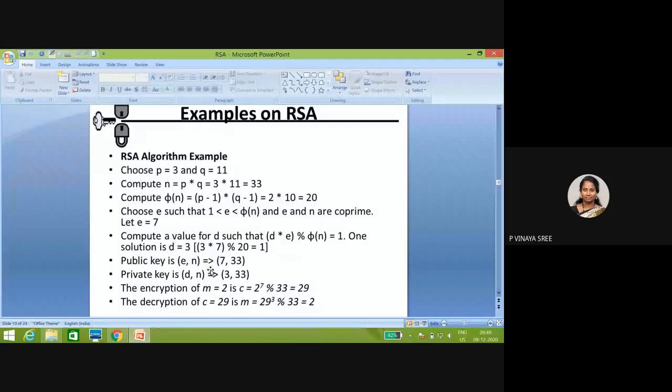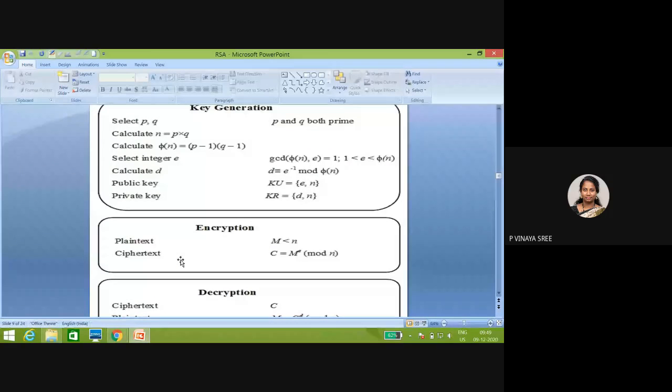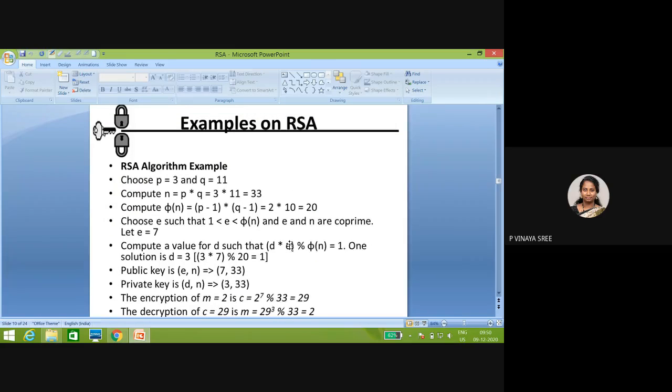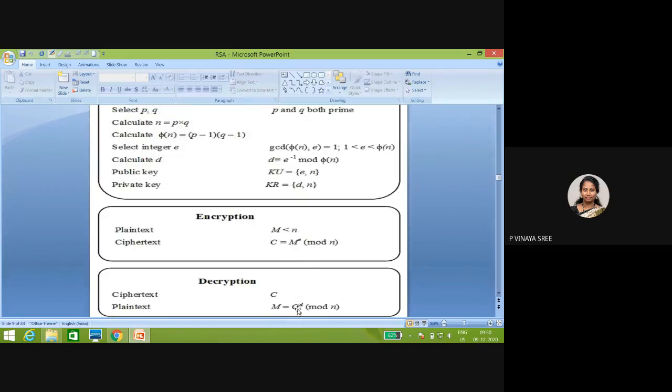Now Bob has to pair them. E comma n is used for the public key, d comma n is used for the private key. Why? Because here it is m power e mod n, and c power d mod n.